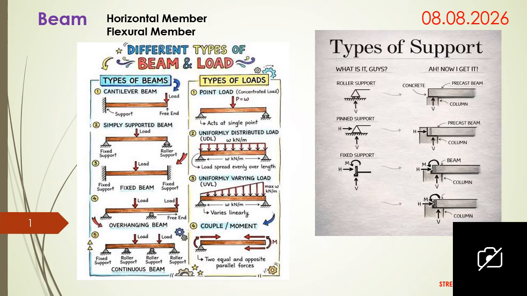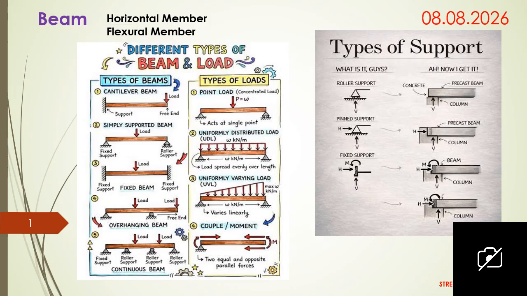Roller support has 1 reaction. What is the nature of the reaction? That reaction is a vertical reaction. Why is it vertical? Since the support has a roller, if you apply any horizontal force, it will move along the direction of force. It will not give any resistance to the horizontal force. Also, if you apply moment or rotation at the support, it can easily rotate because it is not fixed.